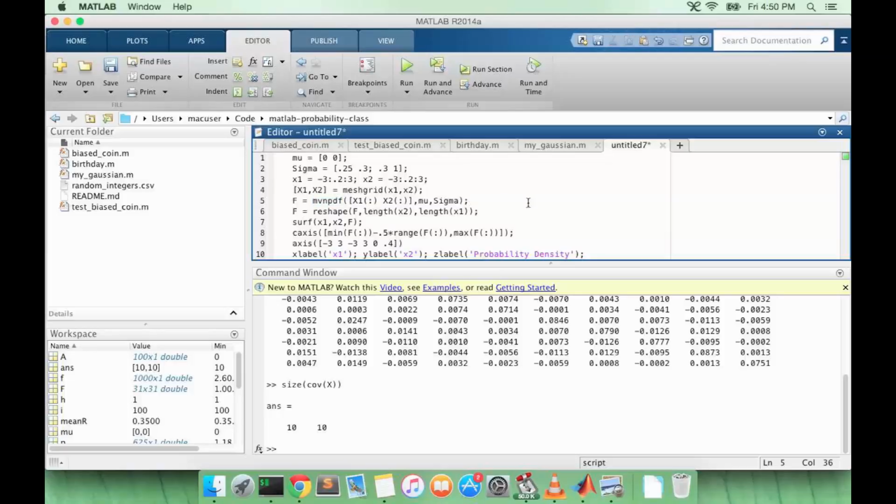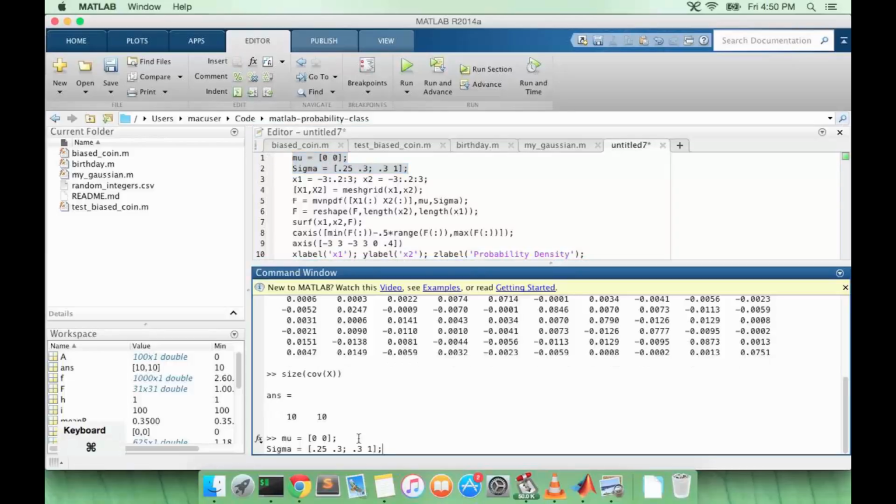So I've got an example here that I want to show you. We set our mean and our covariance.